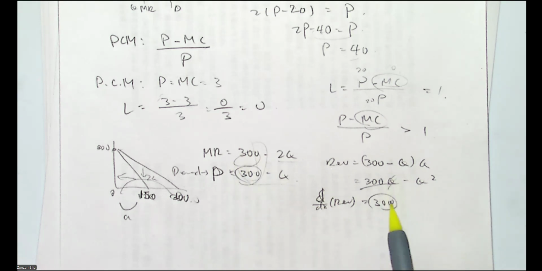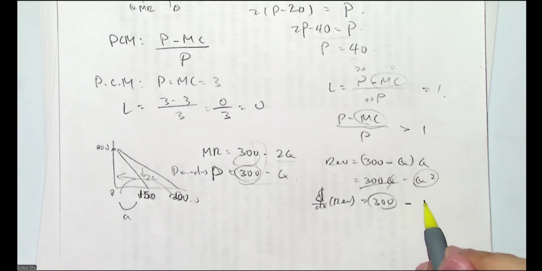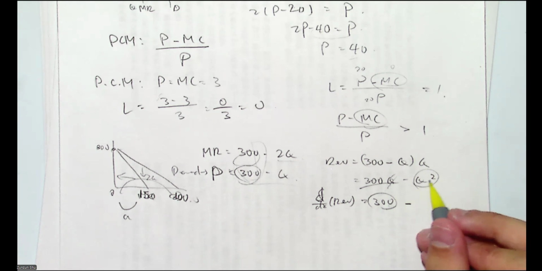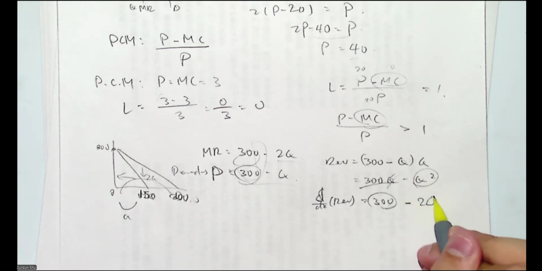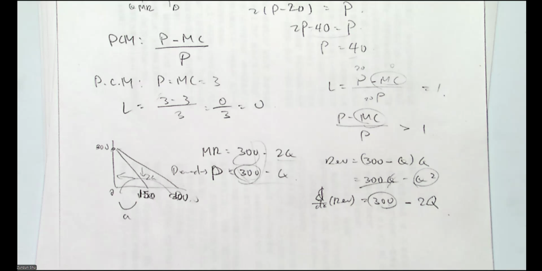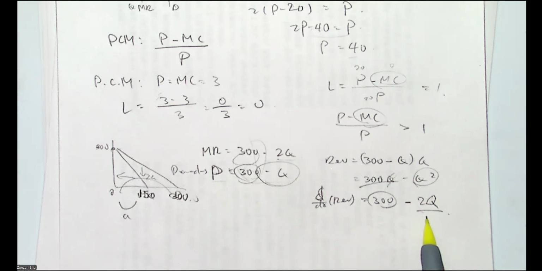Because if you take the derivative of this with an exponent of 1, it's not going to change. But here, it will. If you take the derivative of the exponent of 2, instead of it being Q squared, it's going to become 2Q. And this 2Q is double the slope of our original price.